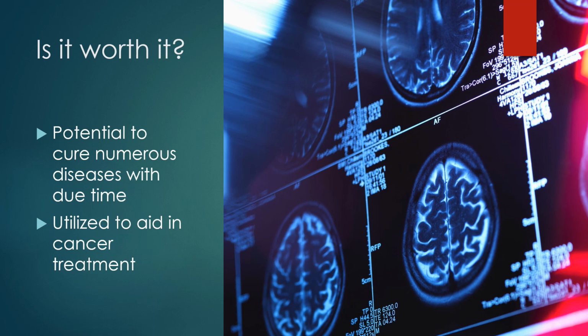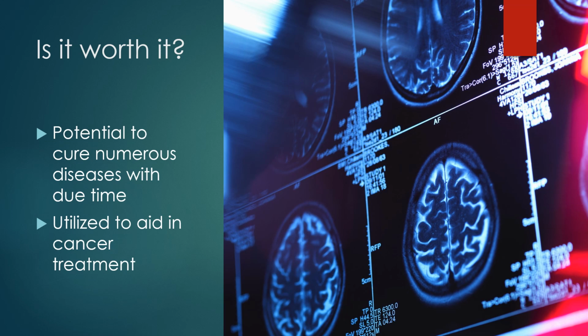Within a decade of discovery, CRISPR has not only been found to cure sickle cell disease, but has also been utilized to help treat cancer. The risk of the unknown should not scare scientists away from CRISPR or genetic modification.